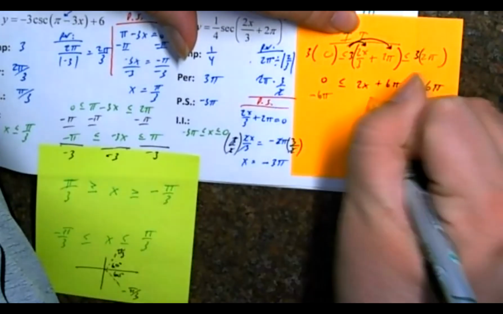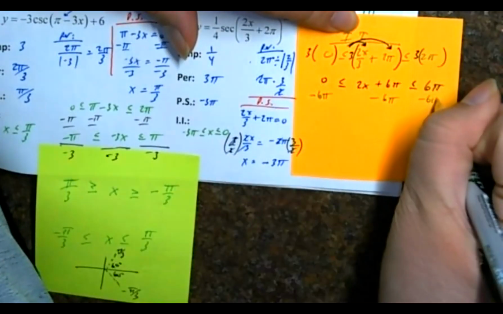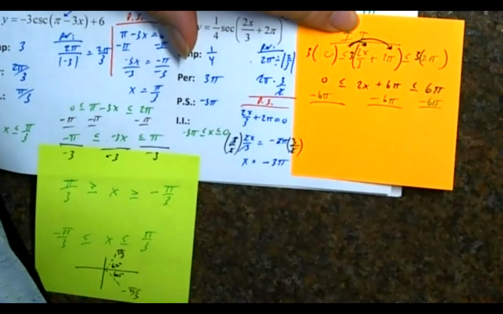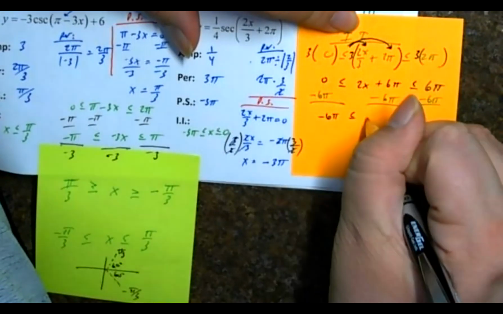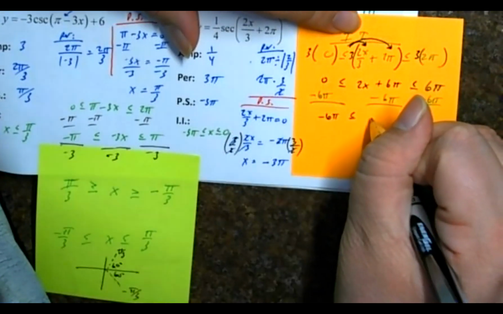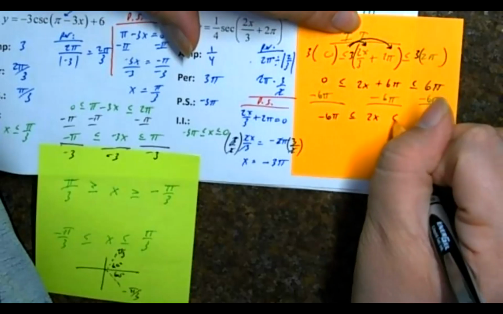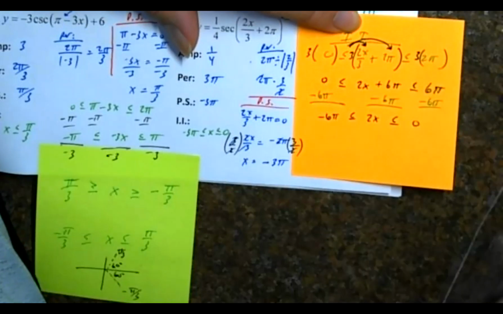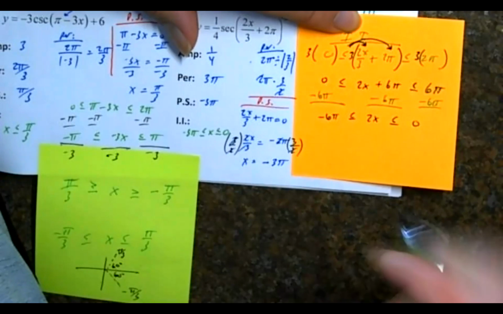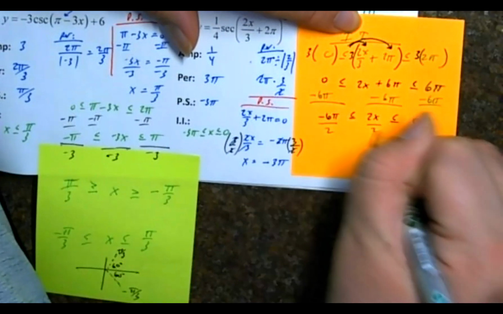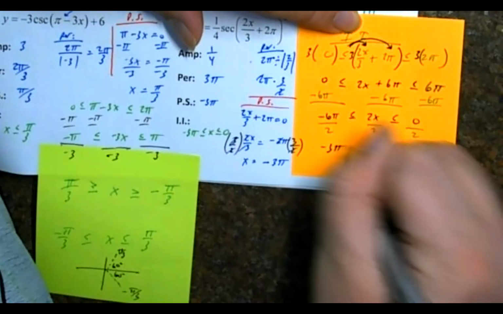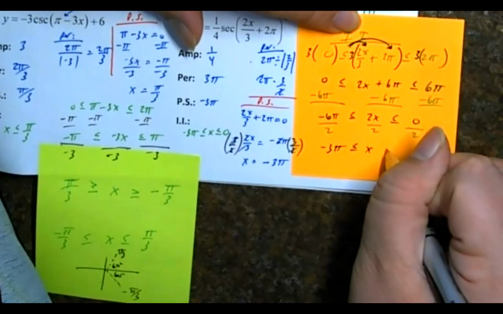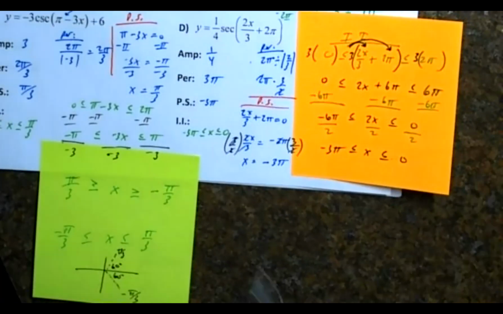Okay, now subtracting 6 pi. And now I have negative 6 pi is less than or equal to 2x less than or equal to 0. Now if I divide everything by 2, negative 3 pi less than or equal to x less than or equal to 0. That was my initial interval.